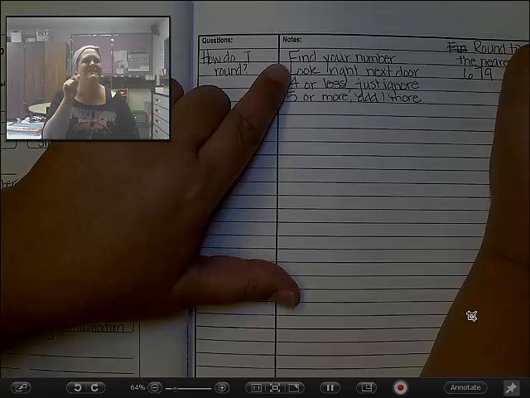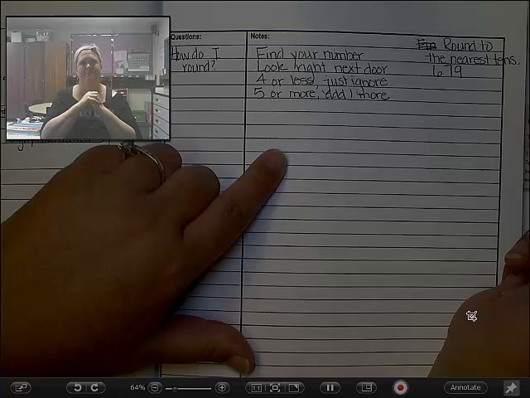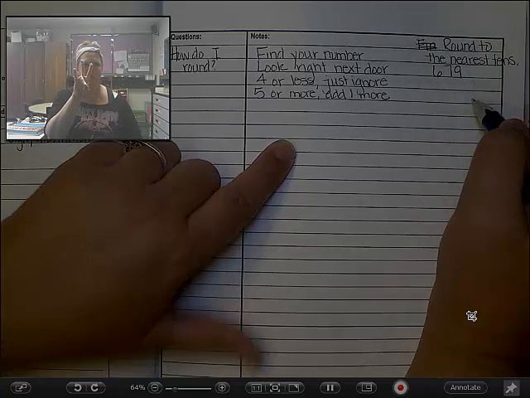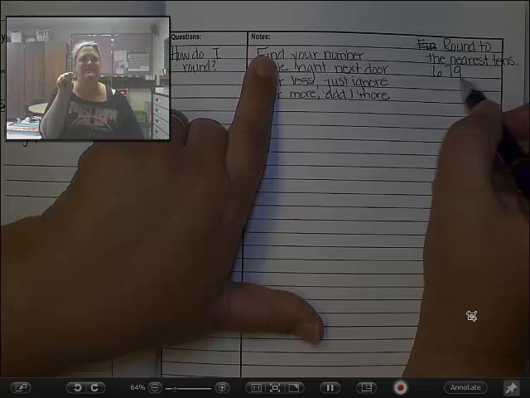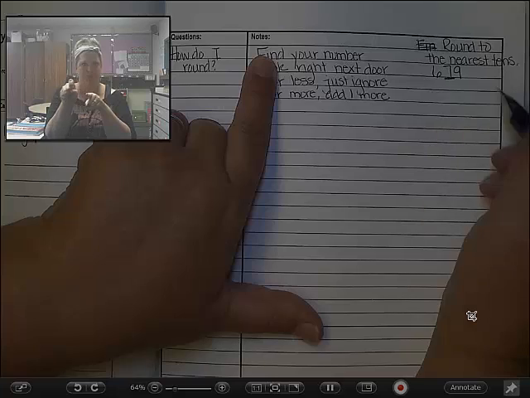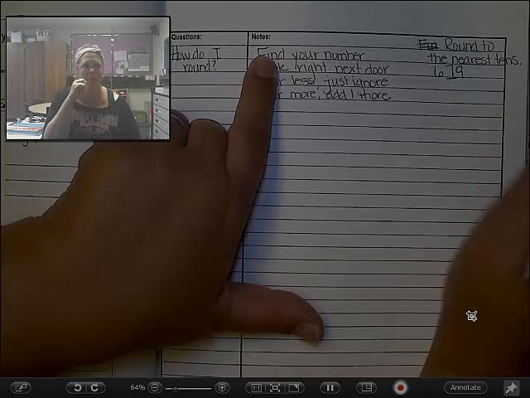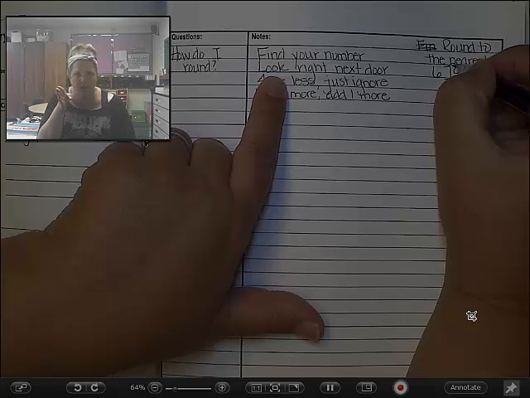That means ones add with ones. So we have 679, so find your number. Tens add with tens. Hundreds add with hundreds. Magic, Mrs. Rachel. Hundreds add with hundreds, and so on and so forth.